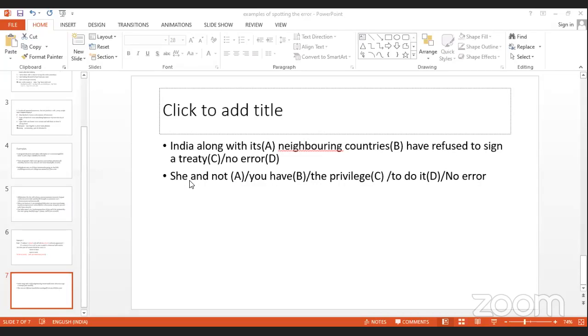The next one. She and not you have the privilege to do it. Is there any error in this? Aniket, you're answering for which one? Has refused.